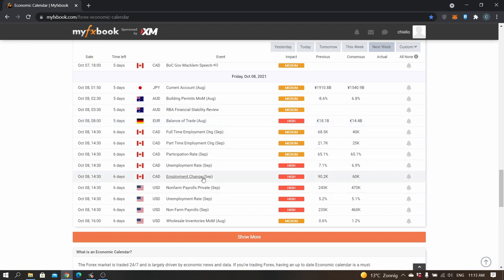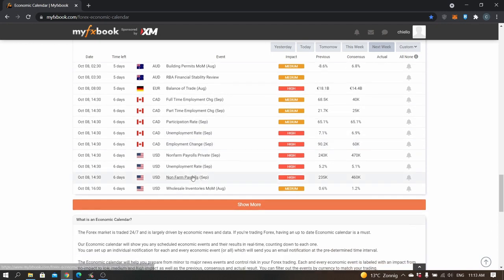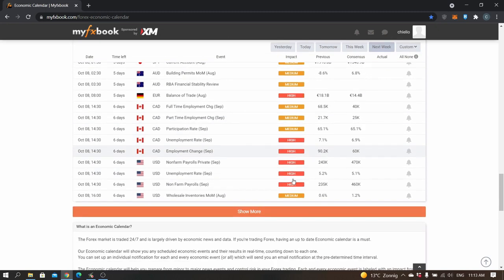So just watch out for unreliable trades and just trade a little bit less maybe. Unemployment rate, important too, balance of trade, not. But as I said, non-farm payrolls, extremely important. If I were you, I would just not trade this Friday and just look at what's happening.